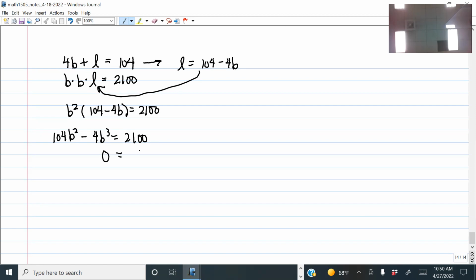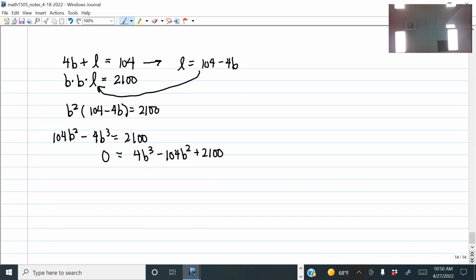And I'm going to move all the terms over to the right-hand side just to make this leading term positive. So I have 4B cubed minus 104B squared plus 2,100 equals 0.